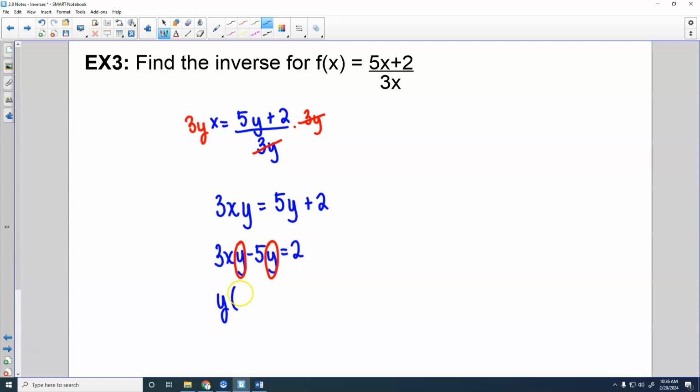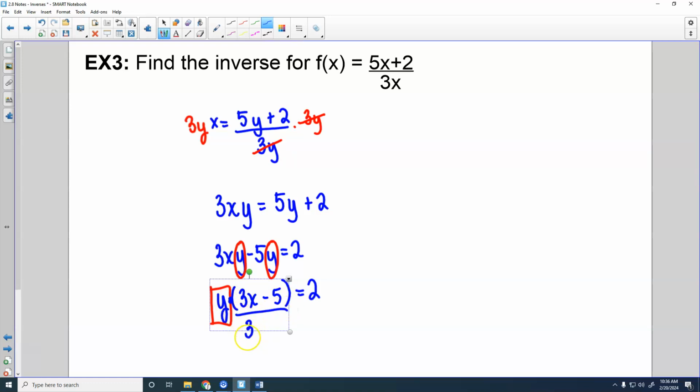What if we do y times 3x minus 5? Is that equivalent to the line above it? Right? Because if I multiplied the y back, I'd get 3xy minus 5y. Now I've only got one y. Right? Now, my y's are together. That y is multiplied by 3x minus 5. So how could I get the y by itself?